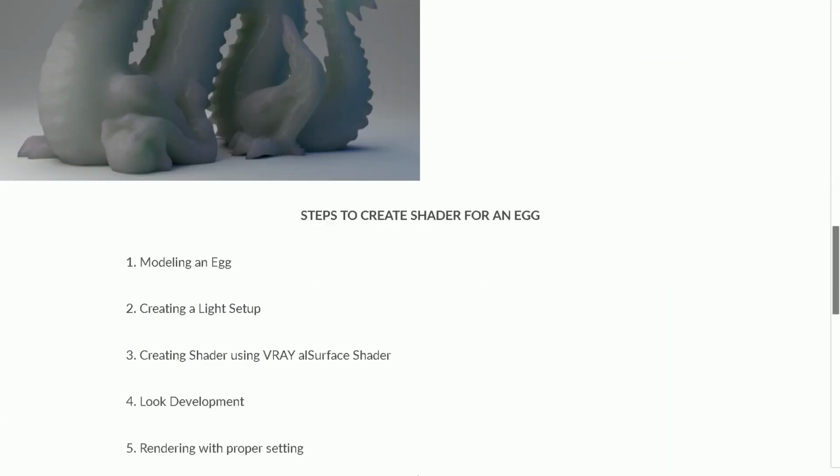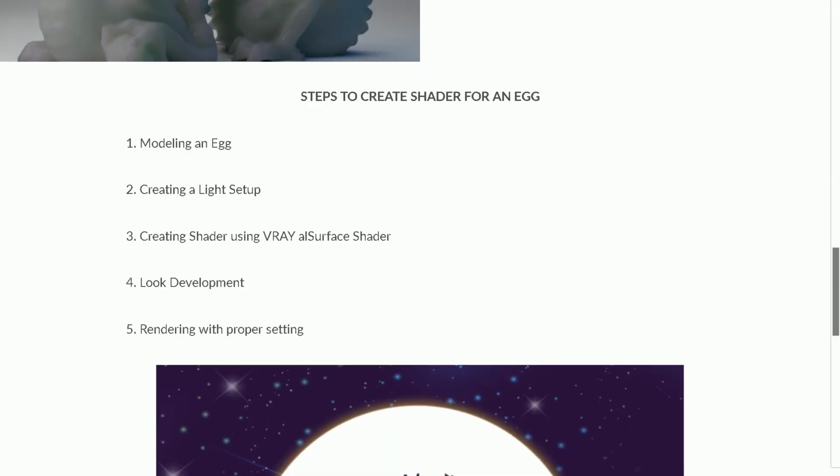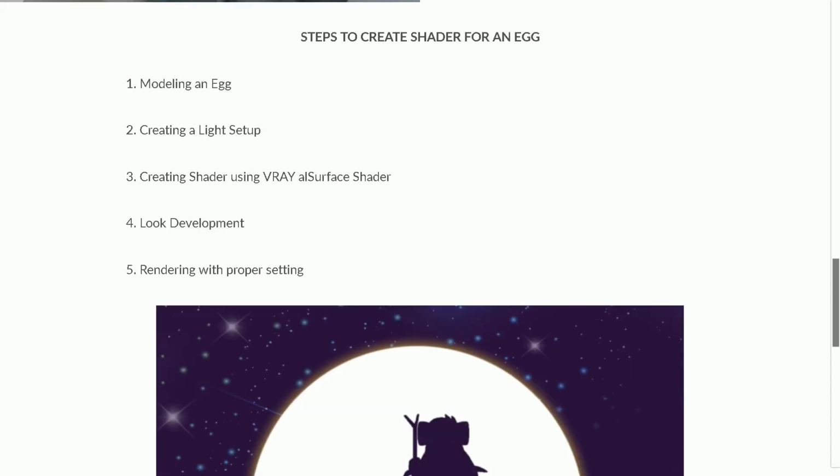As I told you, I'm going to create a shader for an egg. So what are the steps? First we need to model it, obviously, because if we don't model it, where will we do texturing and lighting? Then I will create a light setup, because without light there is nothing we can see, and in our software we can't have a good look at anything without a proper light setup.